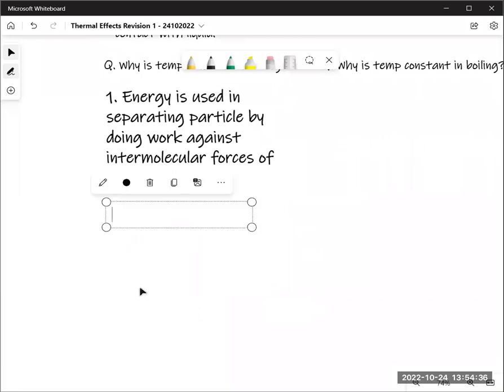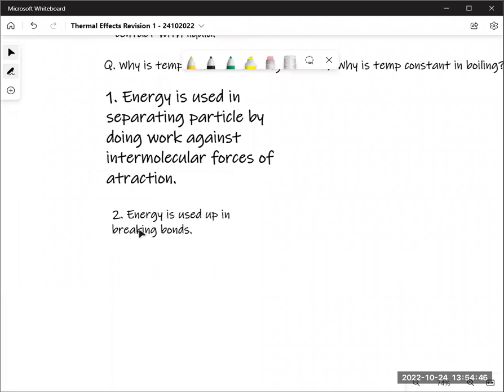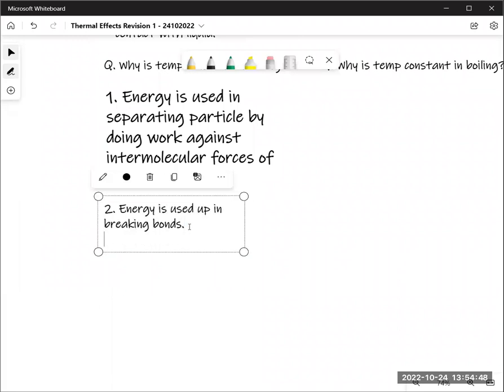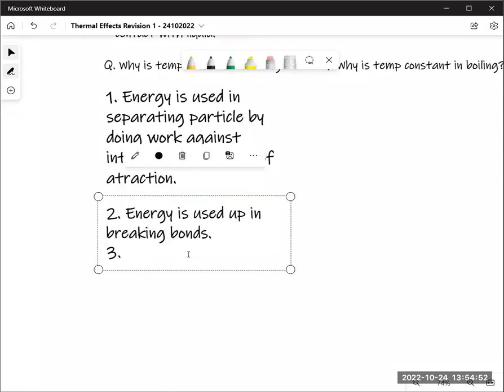Energy is used in separating particles by doing work against intermolecular forces of attraction. Energy is used up in breaking bonds.